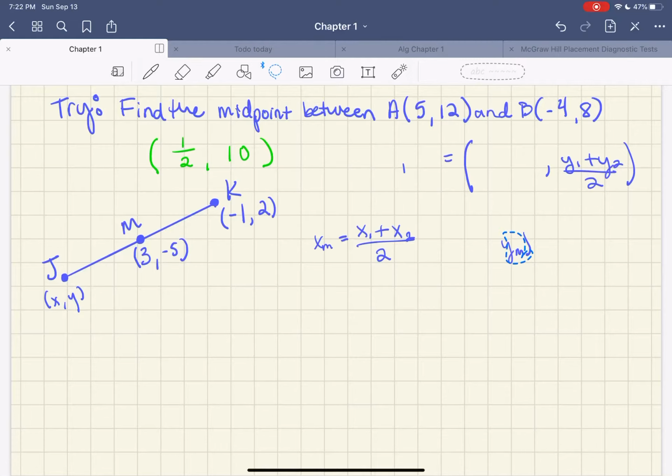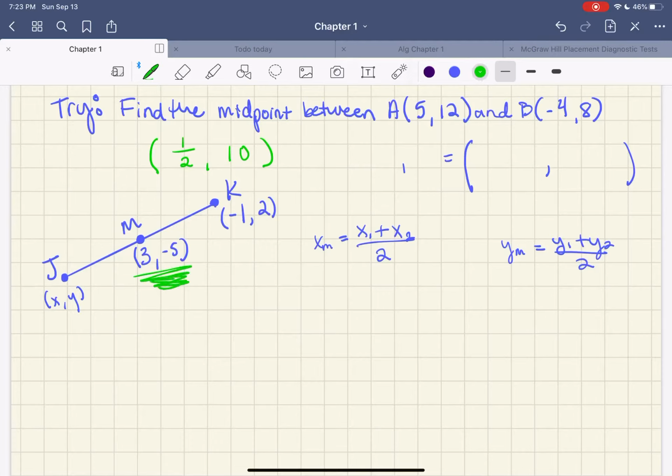So I'm going to take my y value and the value of my midpoint, and then my formula for my endpoints, and say that ym is going to be equal to y1 plus y2. Now I plug in what I know. Now, very, very important.